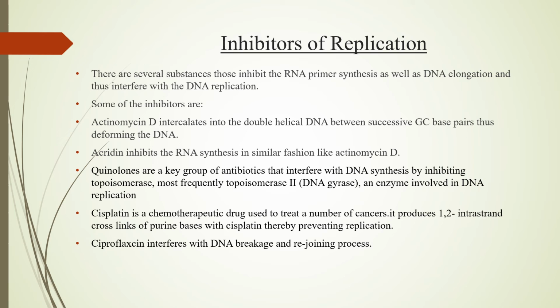Some of the inhibitors which we will be talking about are actinomycin D. Actinomycin D intercalates into the double helical DNA between successive GC base pairs, thus deforming the DNA. The elongation of the RNA chains by RNA polymerase in both bacteria and eukaryotes is specifically inhibited by the antibiotic actinomycin D. This local alteration prevents the movement of the polymerase along the template.